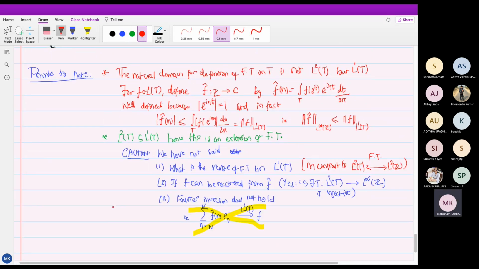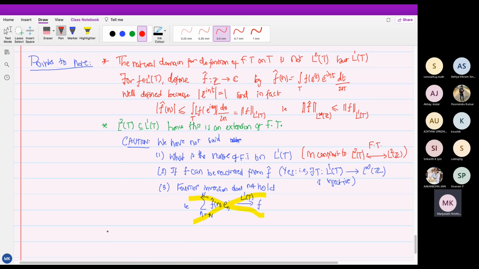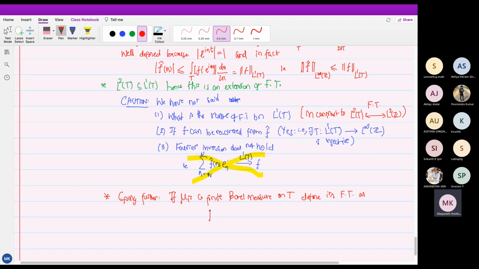Okay, one more further extension can be made. I will just make it here. We can even go further. If mu is a finite Borel measure on T, we define its Fourier transform like this.